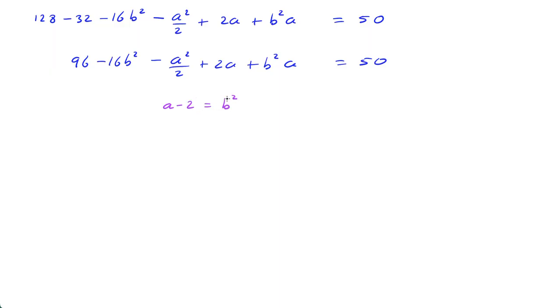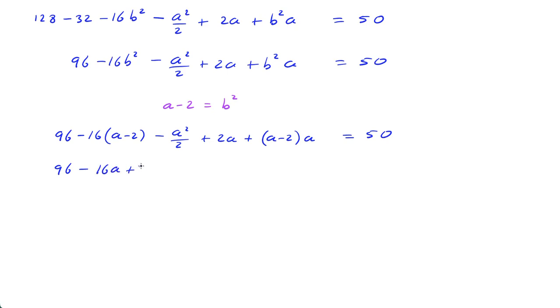Easy. So I have 96 minus 16 times a minus 2 minus a squared over 2 plus 2a plus a minus 2 times a equals 50. Let's multiply all this out. 96 minus 16a plus 32 minus a squared over 2 plus 2a plus a squared minus 2a equals 50.